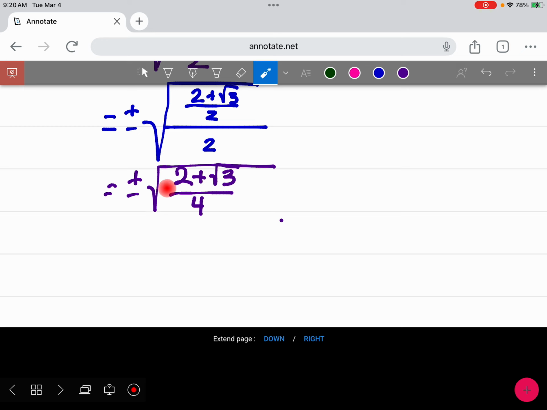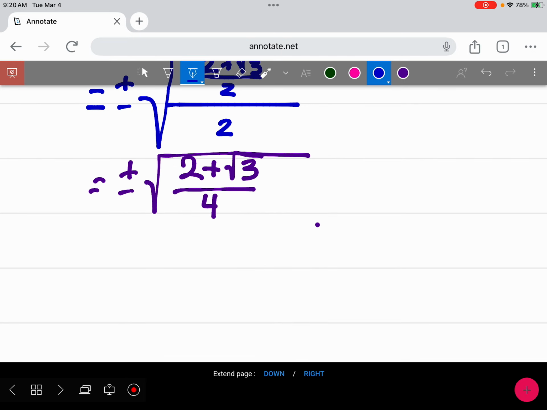Because this is the same thing as square root of 2 plus root 3 over square root of 4, over 2. So this thing is going to have our plus or minus, we've got our root 2 plus root 3 over 2.